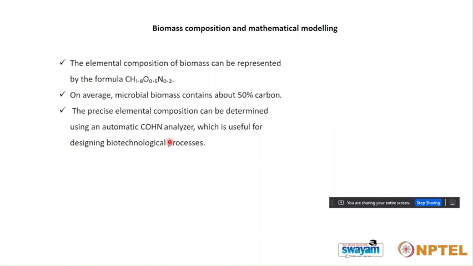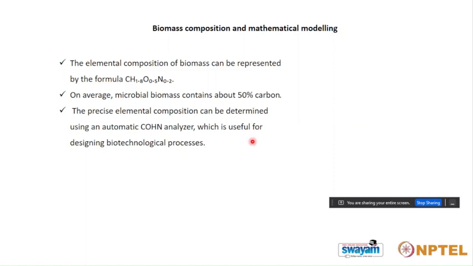So basically, biomass composition is represented as CH1.8O0.5N0.2. This is the general representation of biomass composition. Microbial biomass contains about 50% carbon. So how can we empirically determine the composition of biomass?